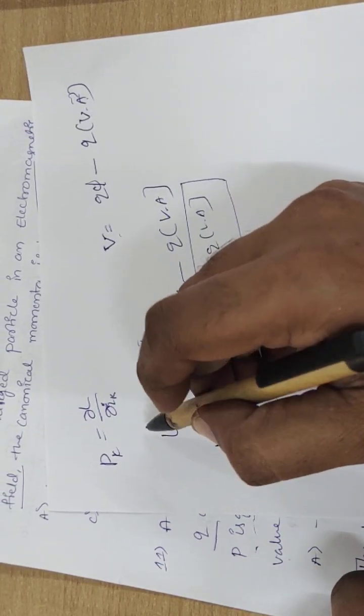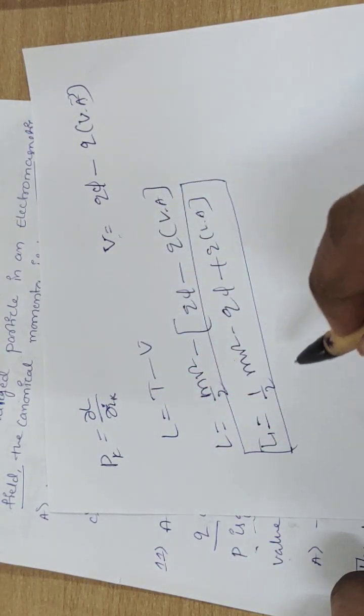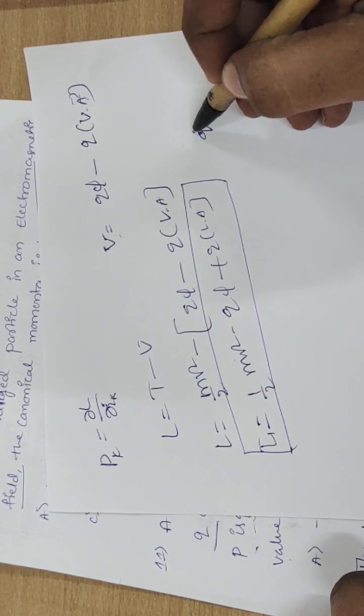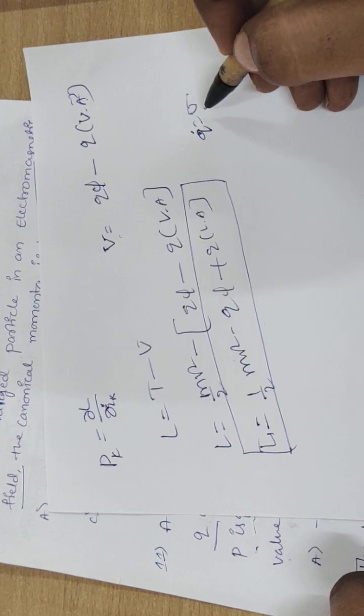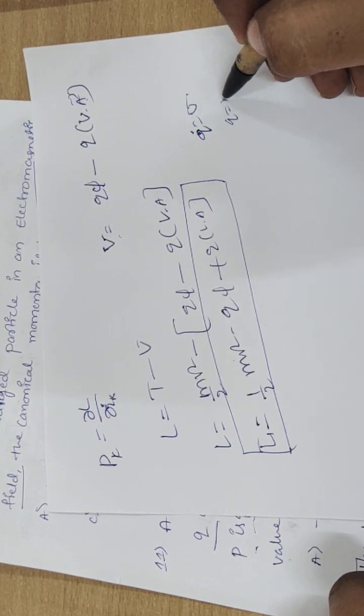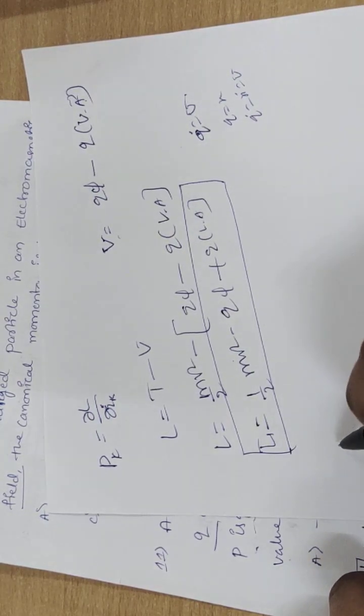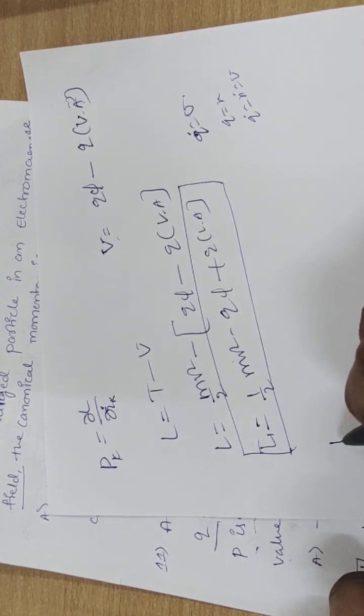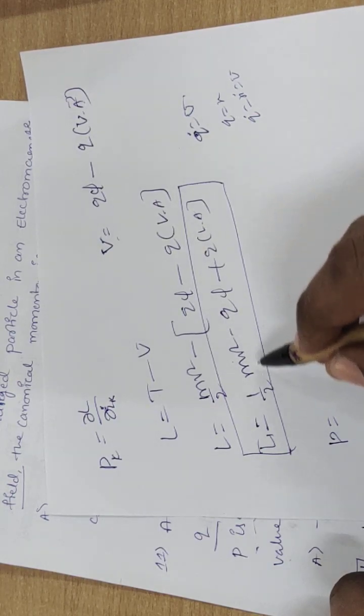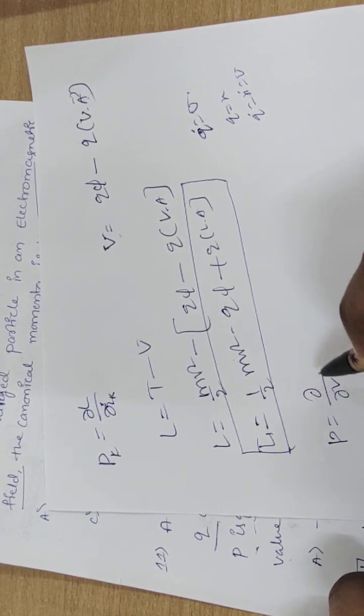We have to calculate p k is equal to dou L by dou q dot, and q dot is nothing but velocity, right? If q is x, then q dot is x dot, which is equal to velocity. So p is equal to, differentiate this L with respect to velocity.